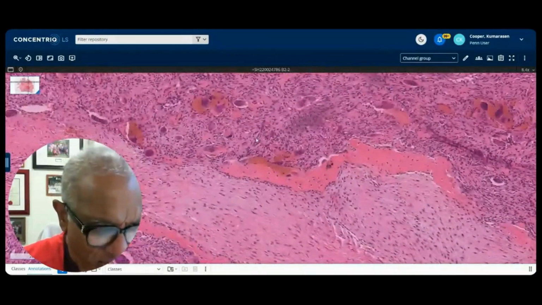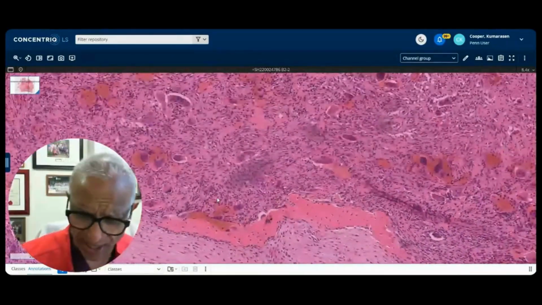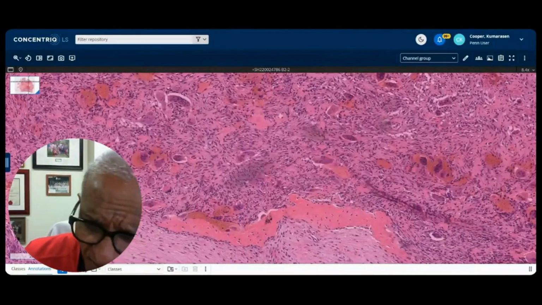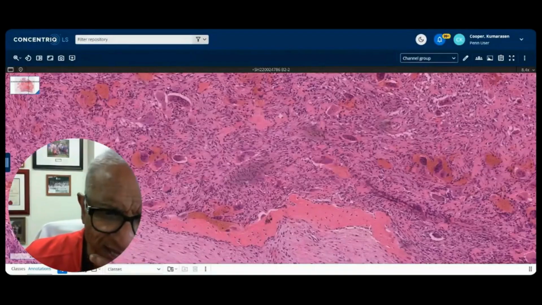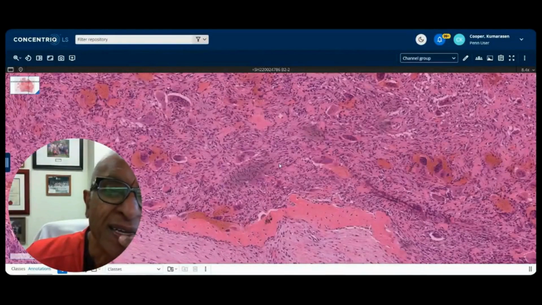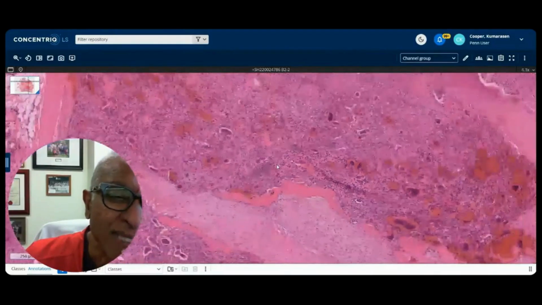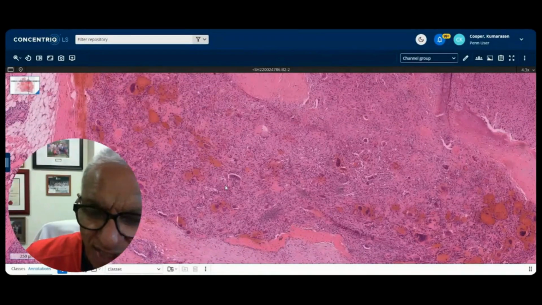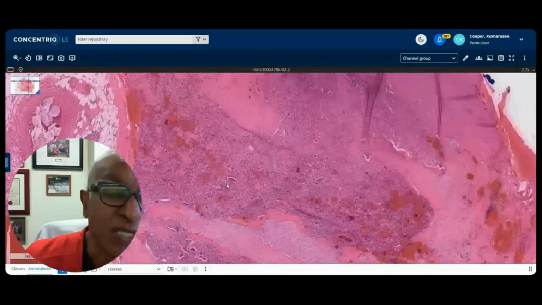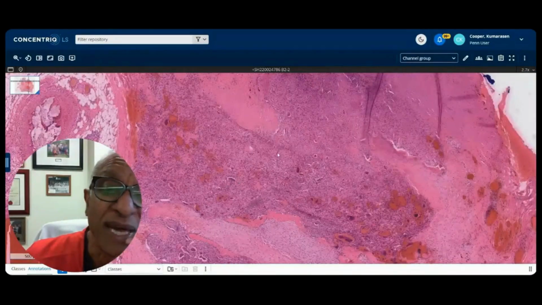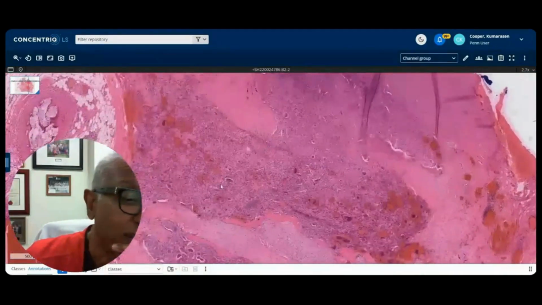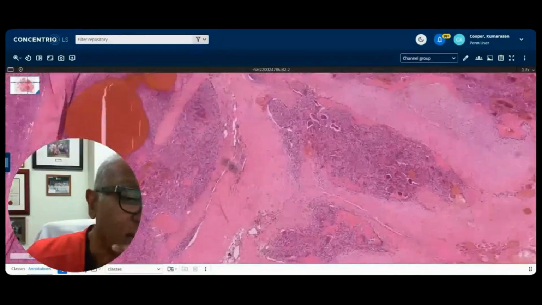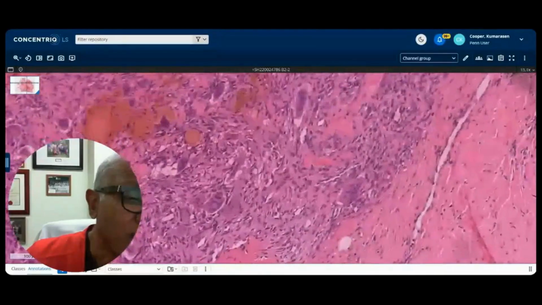And again, giant cell tumor of bone these days we know carries the mutation involving histone 3, H3F3A, and there's a protein that's expressed which we have an antibody for, the H3G34W, which is useful for giant cell tumors of bone. If you apply it to here, it would be negative.